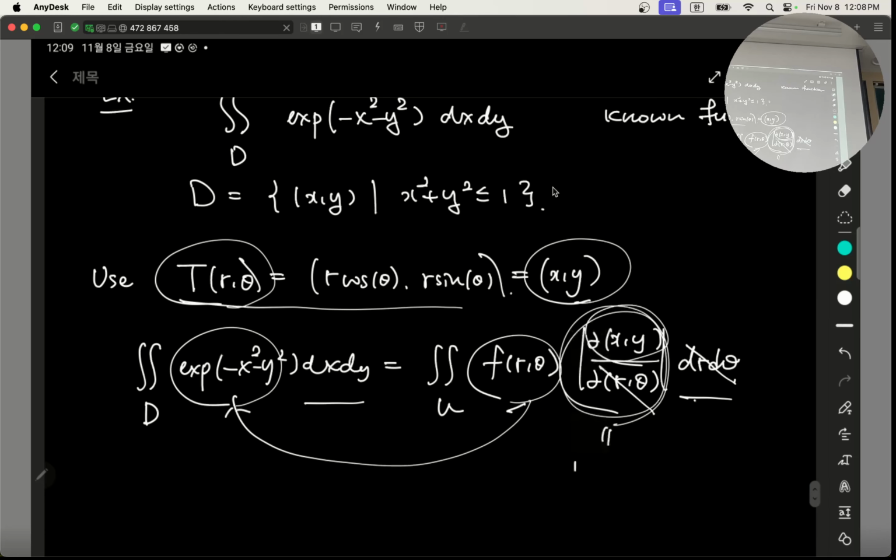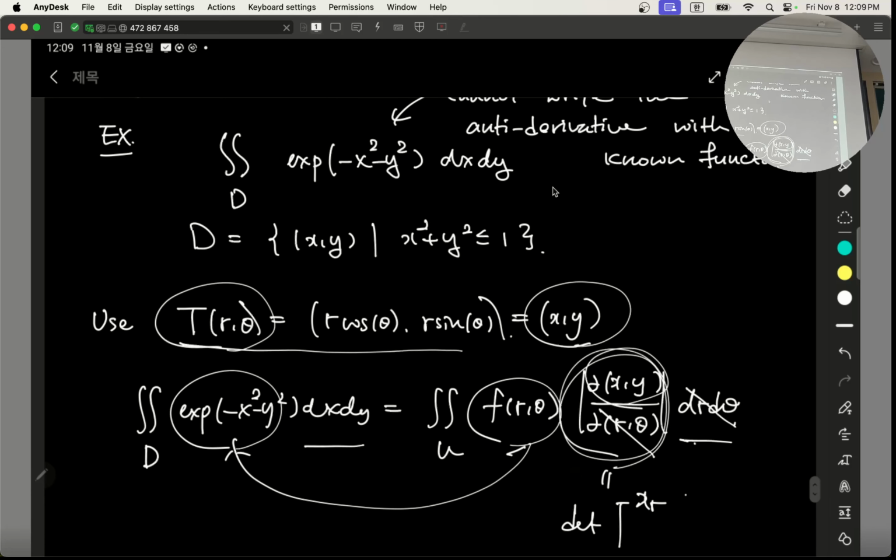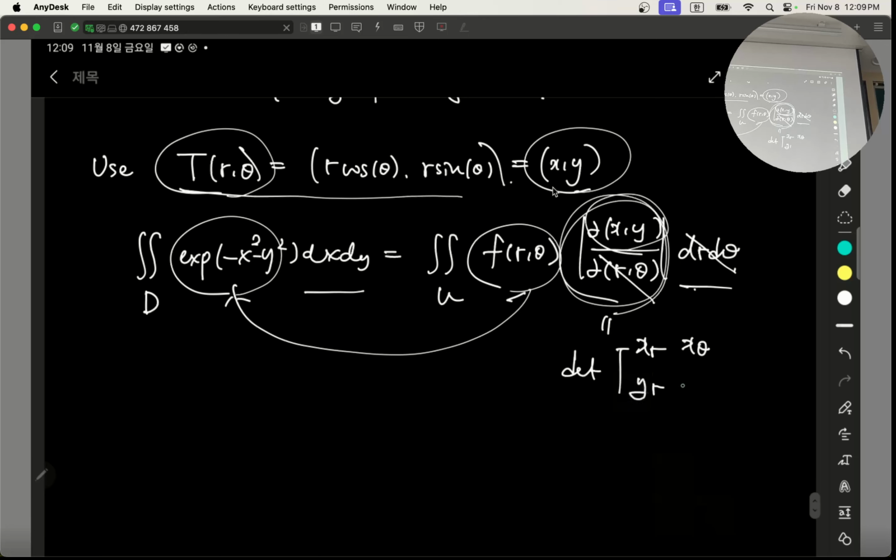So this one is the determinant of x_r, x_theta, y_r, y_theta. It's the determinant of, so this is x and this is y.